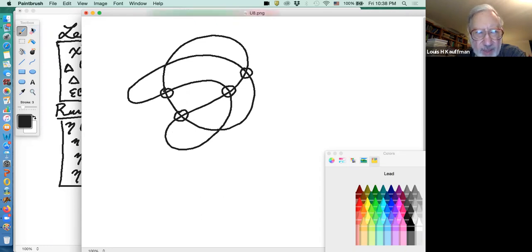Maybe I'll take that one out. Of course, the crossings could be any old way, but you can always color one of these in red and green. Now we have no cut points, so we just simply color directly.